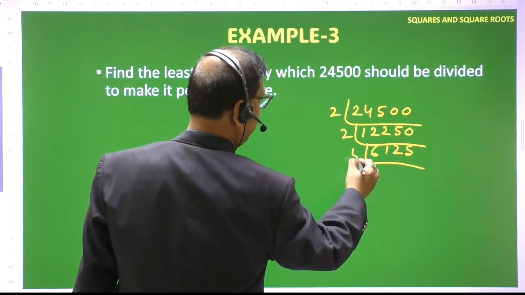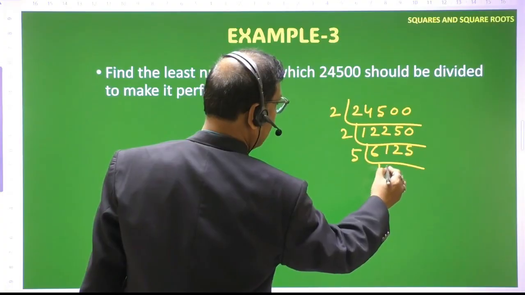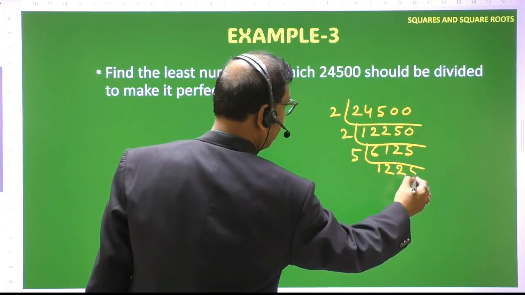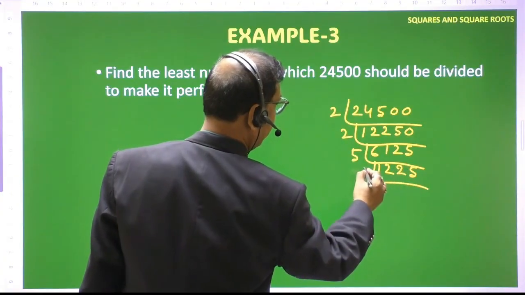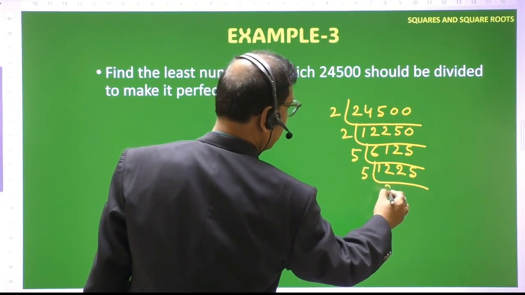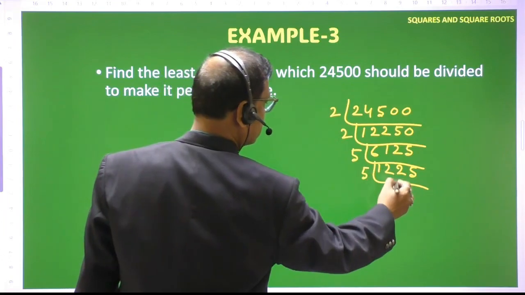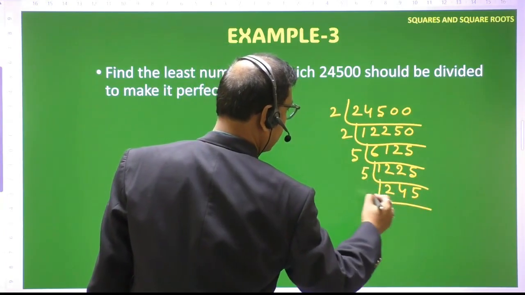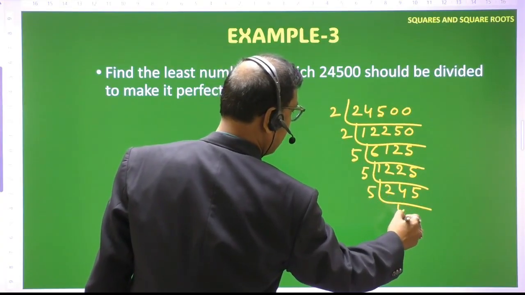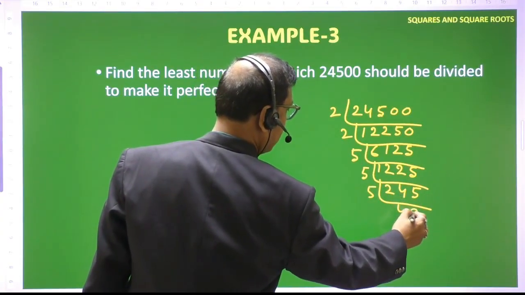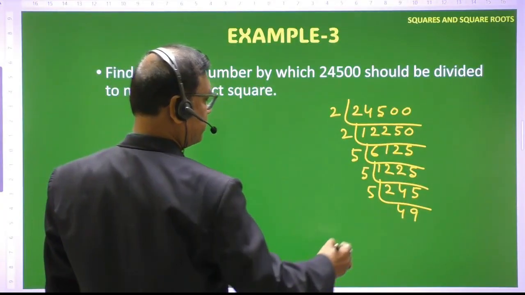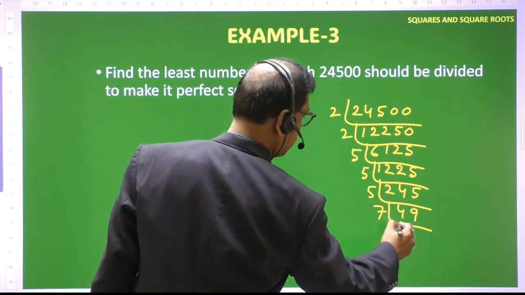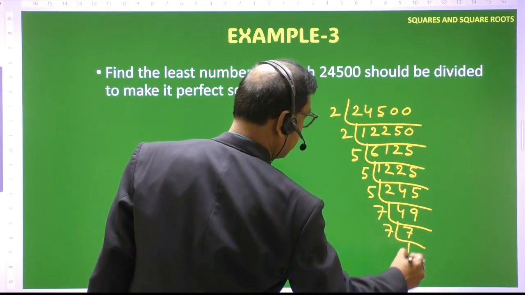Now we can give 5, 12 2 and 5. Again we can give 5, 5 2, so 5 4 and 5. Again 5, 5 4 5 9, yes. Now 7 7 49 and 7 1.